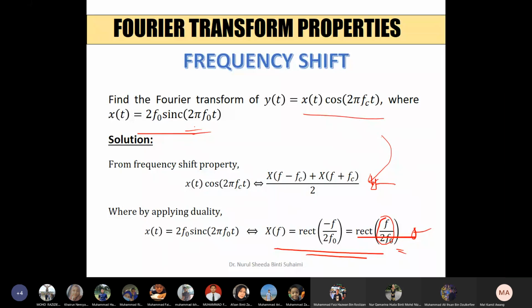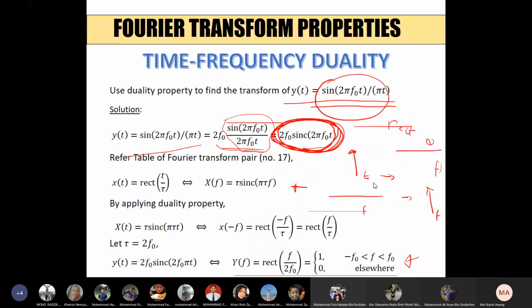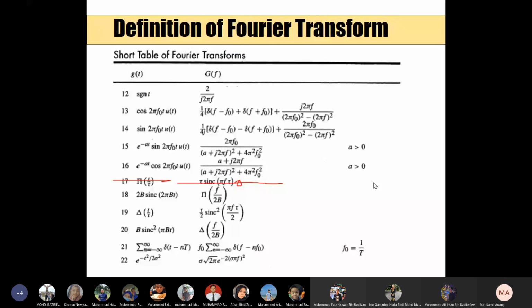I'm not going to go through that. That one you have to be familiar with the tables. So this is actually, please, this table, number 17. Number 17.